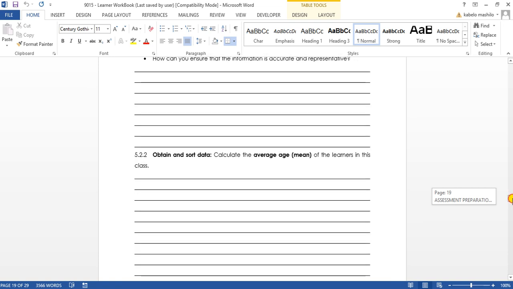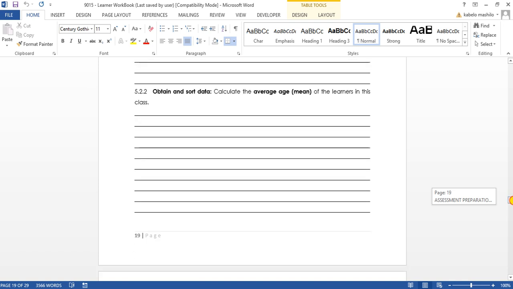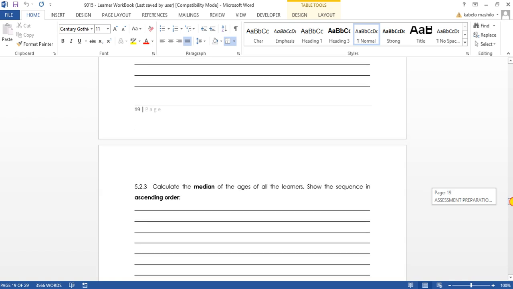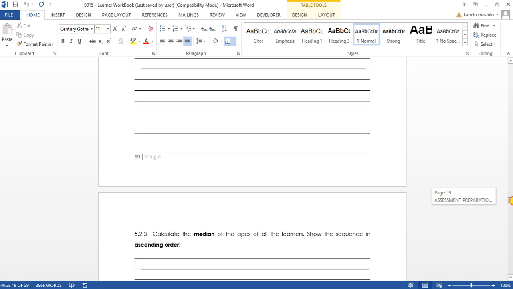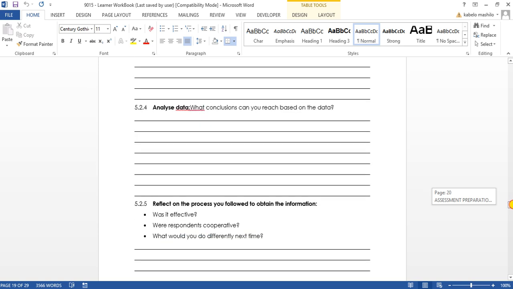If you got the data as it is, you need to sort the data. Calculate the average, the mean, of the learners in the class. Calculate the median of the ages of all learners. Show the sequence in ascending order from 1 to 100. If the data you collected was in descending order, make it ascending order.